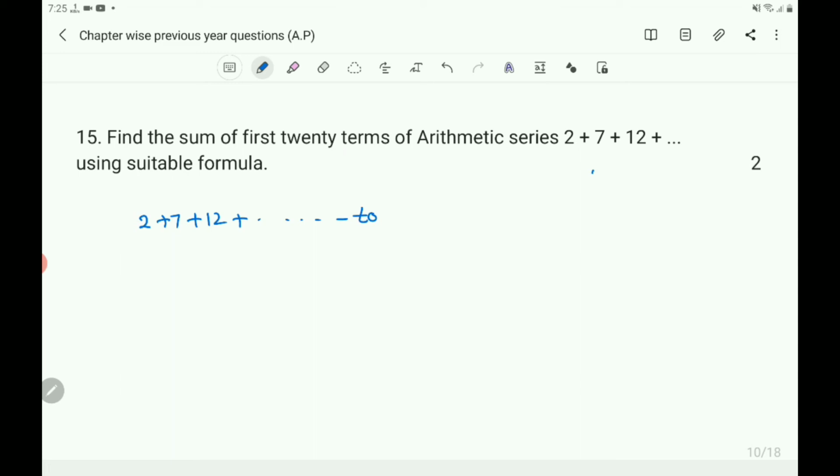Here a is a1, that is 2. Then d is a2 minus a1, that equals 7 minus 2 equals 5. Then n equals 20, then S equals question mark.